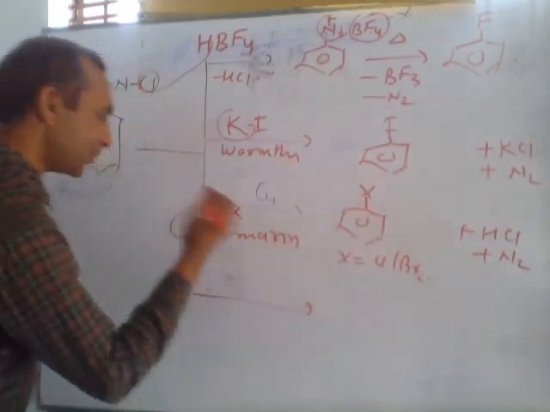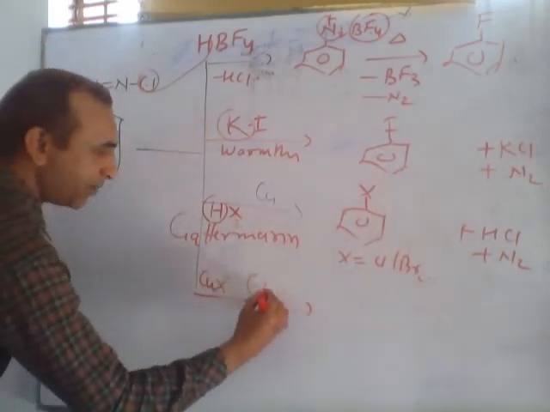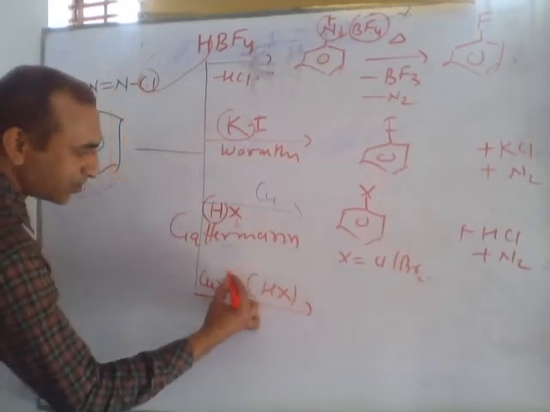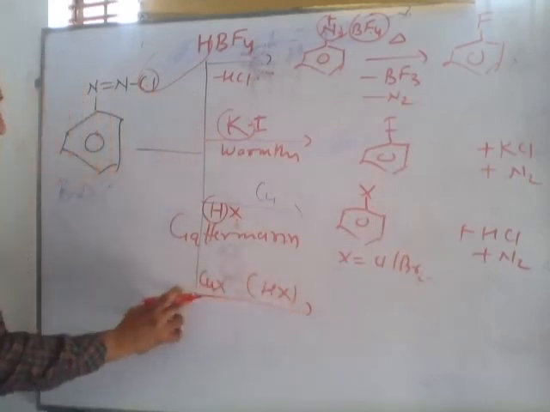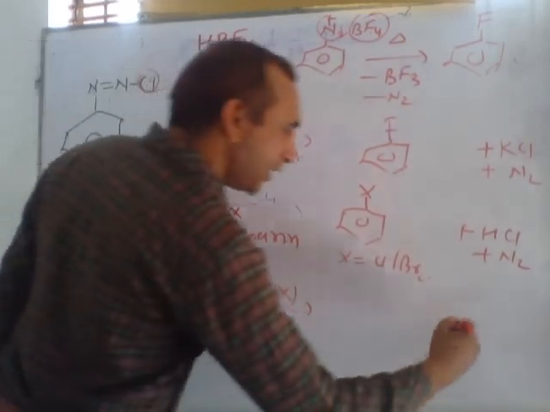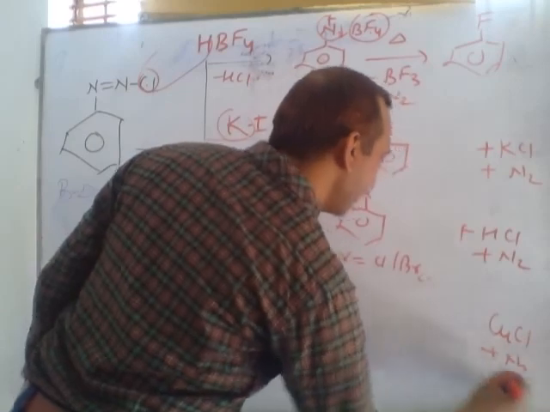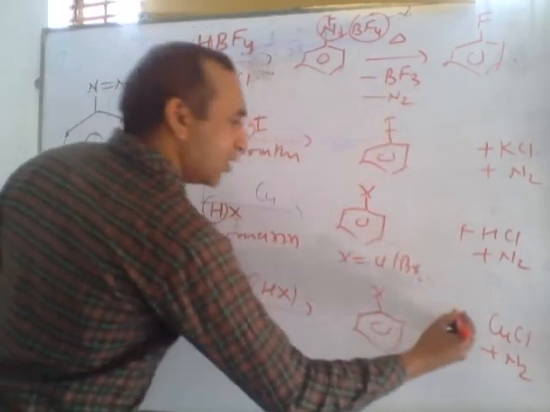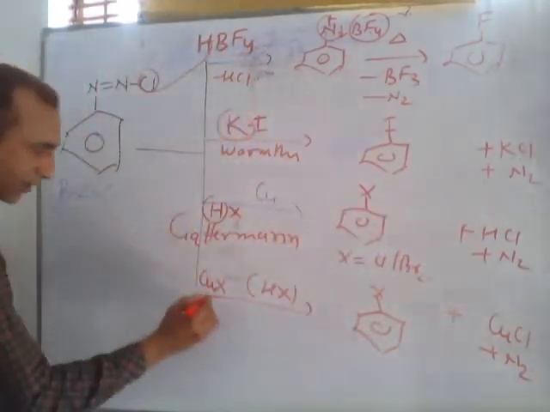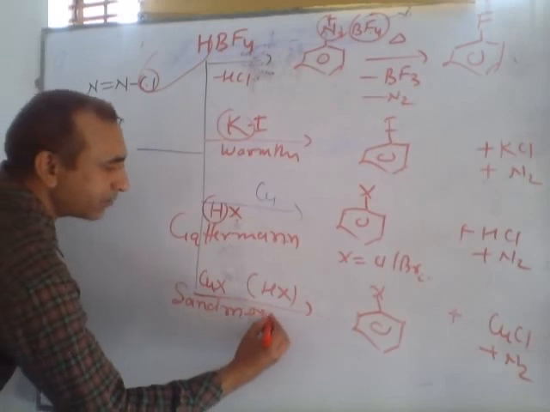Listen, if we are reacting CuX with HX, in these two X should be similar. In the presence of this, we are reacting CuX, the cuprous halide. Then in this reaction, CuCl along with N2 and X, these two reactions are similar. The last reaction is called the Sandmeyer reaction.